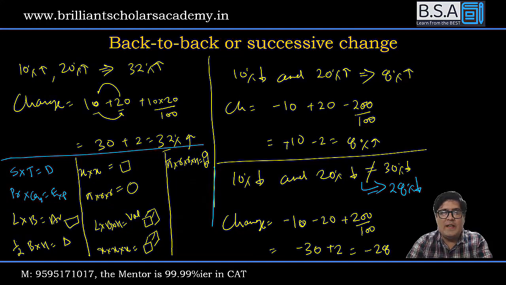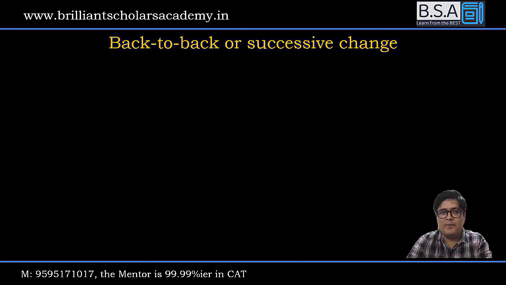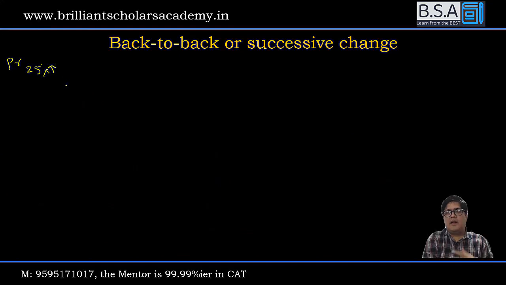Let me show you some examples. Listen to this. Price of onions has increased by 25%. The quantity that I used to purchase has decreased by 10%.